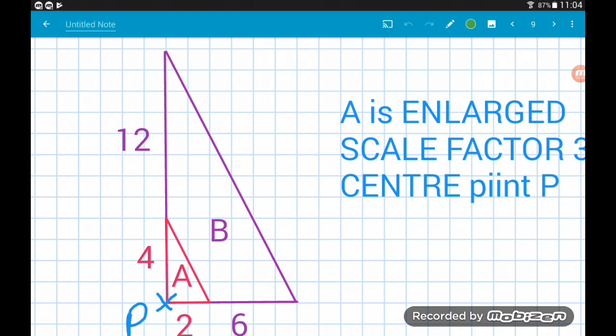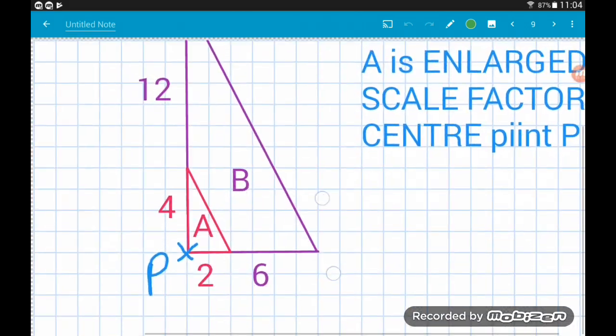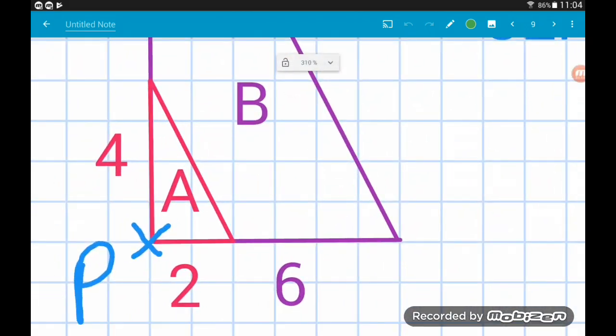Well, when we have a centre of enlargement, as we do here, the distances of points away from the centre increase by the scale factor. So, for example, if we look at the base, the bottom right tip of triangle A was 2 places away from point P. Now if we multiply 2 by the scale factor 3, we get 6.